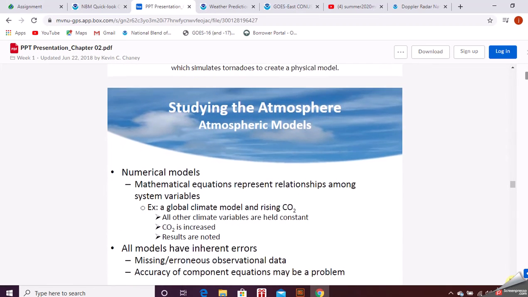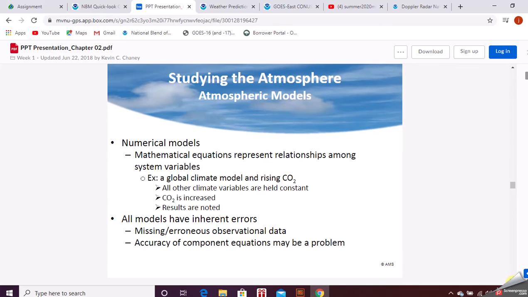Then there are mathematical models. We're not going to cover a lot of math in this course, so don't get worried. But math is a way of representing what the atmosphere is doing and what it's going to do in the future. Unfortunately, we can't solve the equations that govern the atmosphere. There's no math out there that has ever solved those equations, but we can approximate, and we can delve into more and more sophisticated approximations that try to solve it.